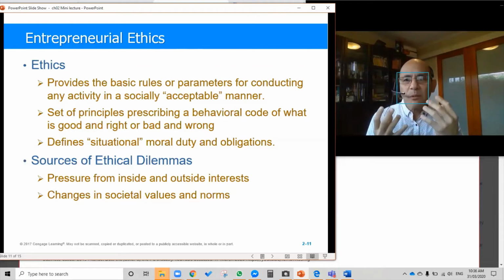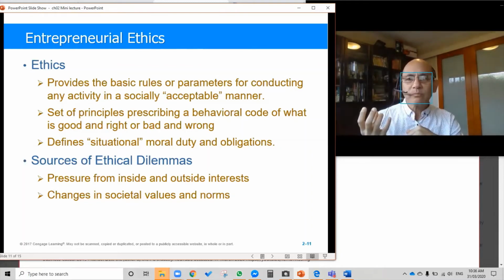I think the more difficult ethical dilemmas are when we are being made to choose between two unethical things. You might be forced to have to fire an employee, which could be somewhat unethical in many cases.